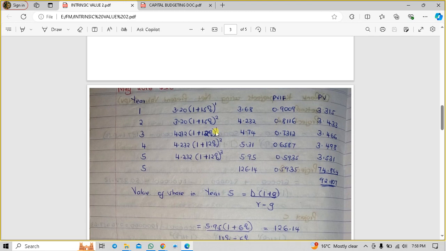And here we are using power 1 because we are considering these as the first year with 12%, the second year with 12%, and the third year with 12%. So first 2 years, power 1, power 2, interest rate 15%, 15%. Third year, power 1, power 2, power 3, interest rate is 12%, 12% and 12%. And that is where you're going to get these values.